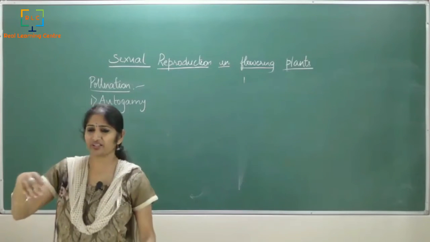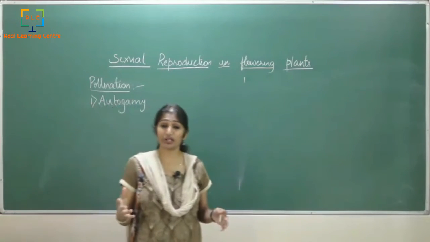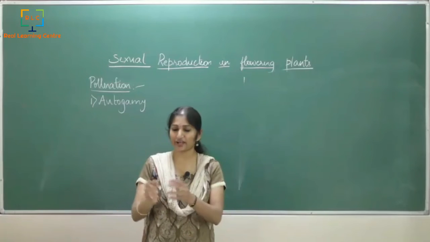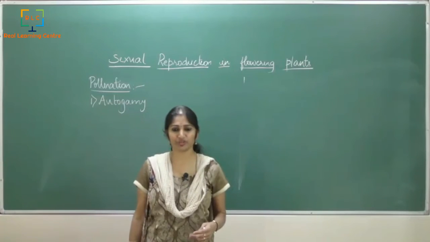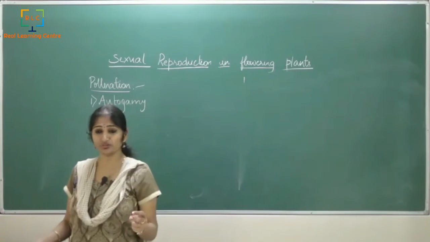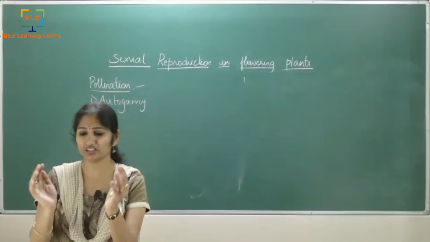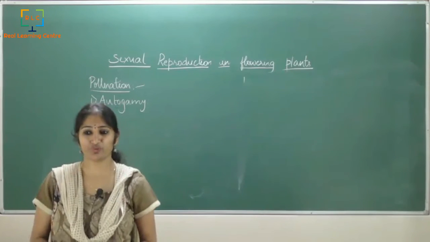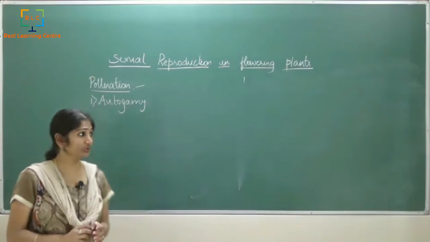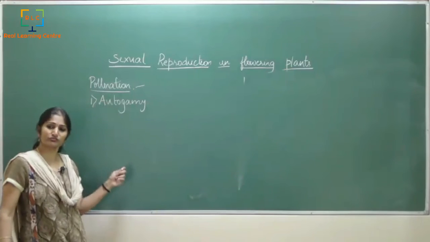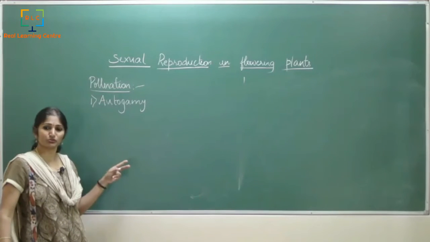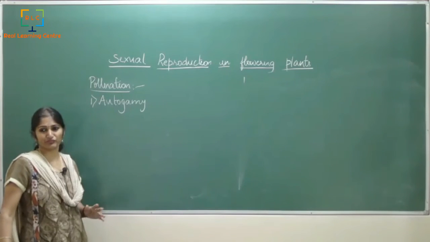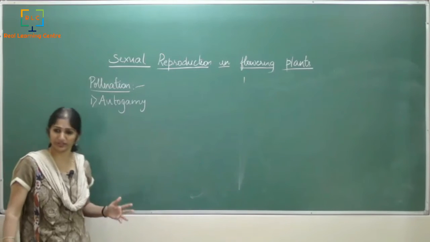You see that autogamy can be rare because the anther can fly out sometimes. But autogamy is generally very commonly seen in those flowers which are always closed. Also, please do remember that the maturity of the male gametophyte and the female gametophyte should be perfect. There has to be something that we call as the synchrony, right?